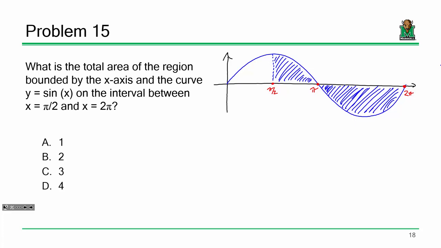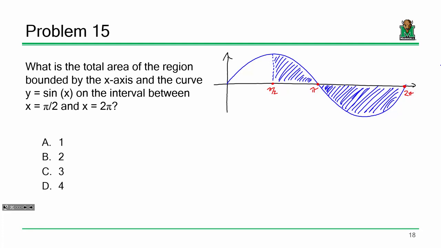Now, here's where things get a little, how shall I put it, delicate. Because if you remember from calculus, and this could drive you nuts on the exam, if you just integrate from pi over 2 to 2 pi, you will get an incorrect answer.